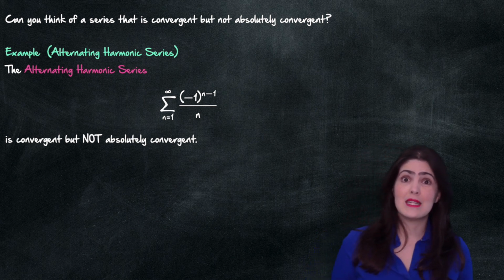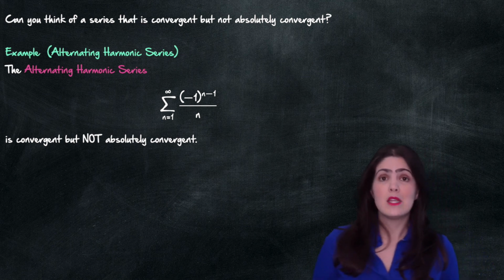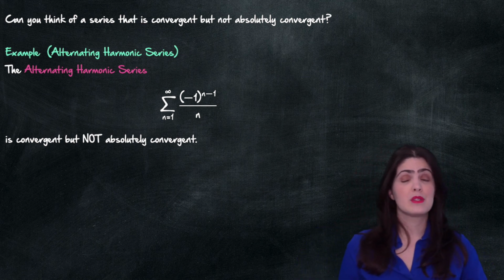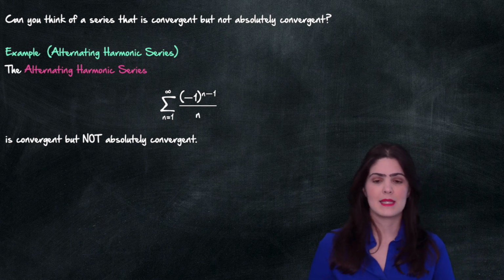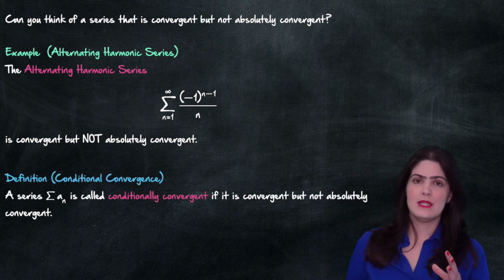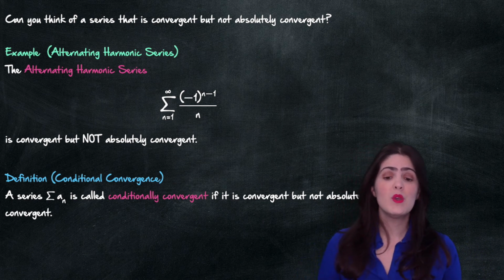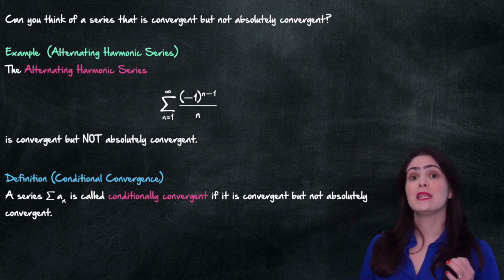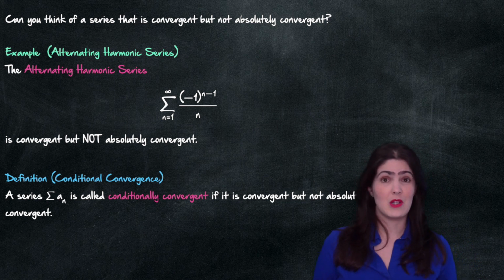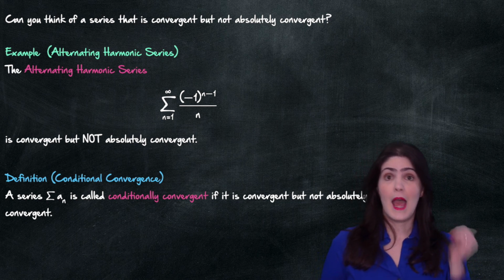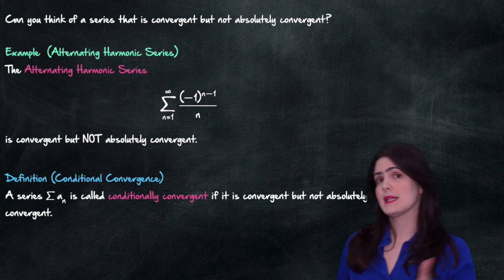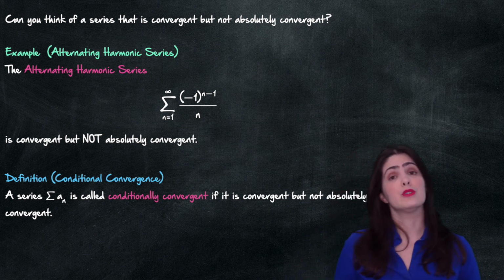So the alternating harmonic series is convergent, but it's not absolutely convergent. Excellent. If a series is convergent but not absolutely convergent, we say that it is conditionally convergent. So we've seen an example of an absolutely convergent series and an example of a conditionally convergent series.